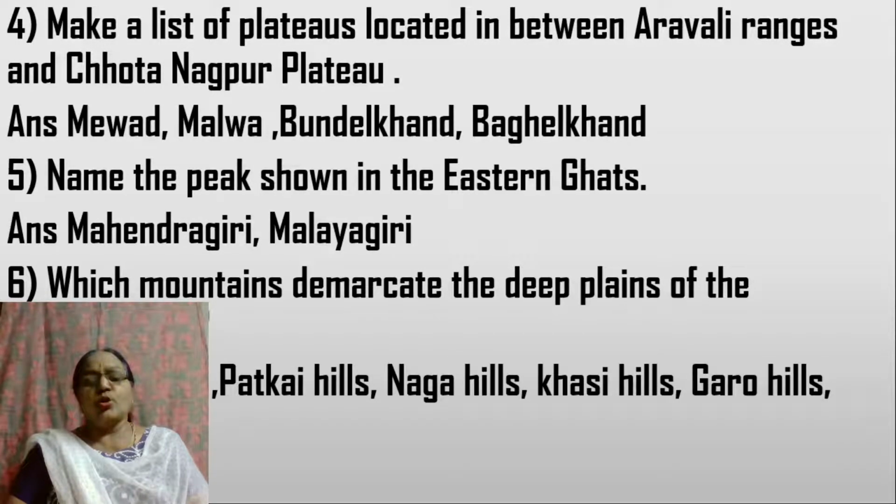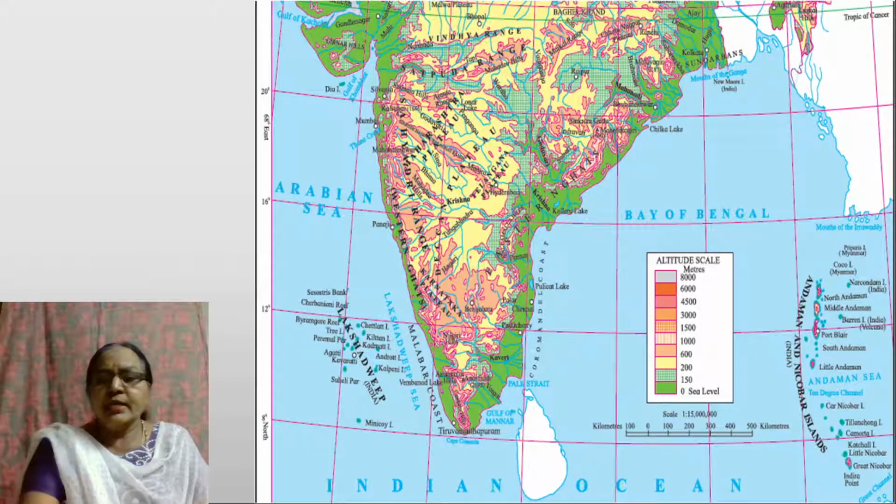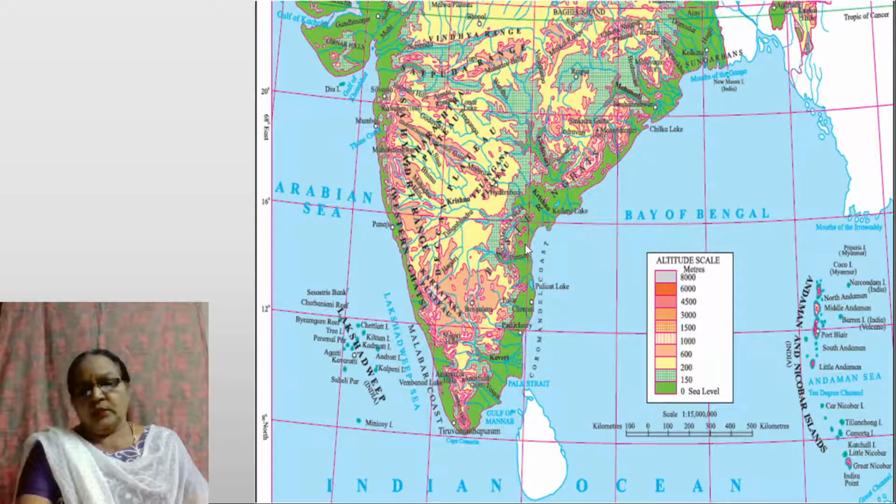Name the peak shown in the eastern Ghats. Okay. Now, in the eastern part, along the eastern Ghats, we have Mahendragiri Hills and Nallamala Hills. Okay. Now, here, the eastern and western Ghats meet at Nilgiris.